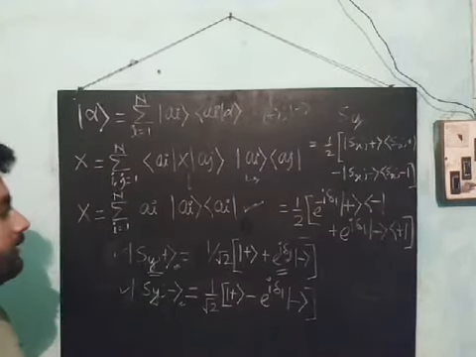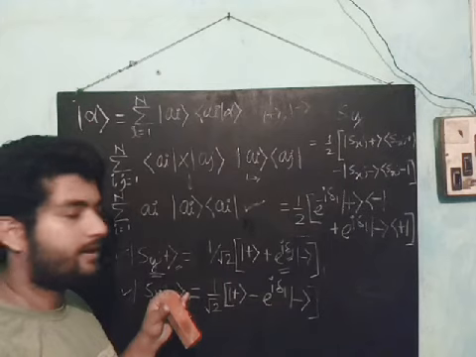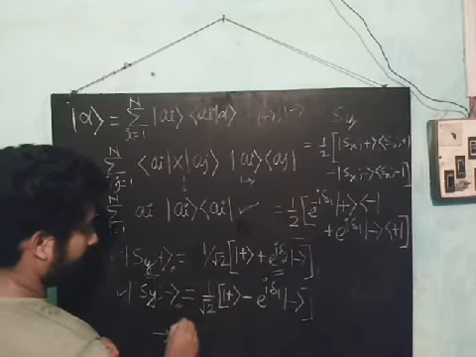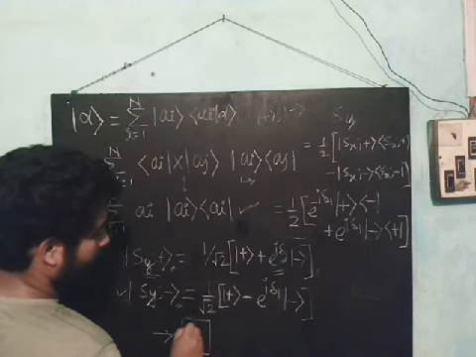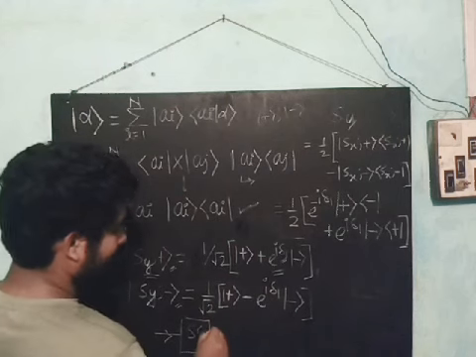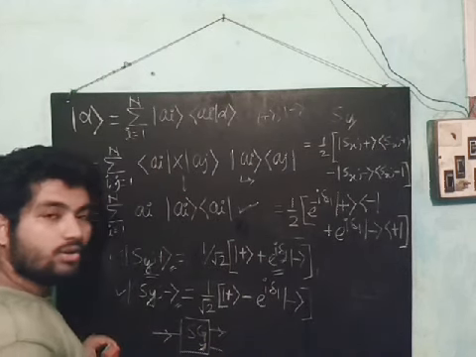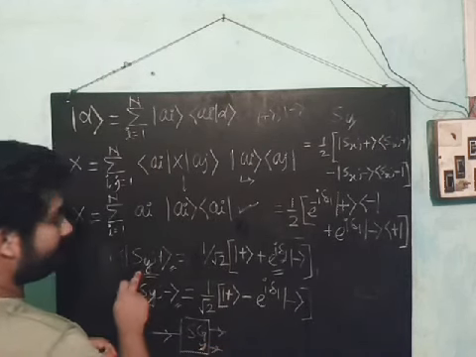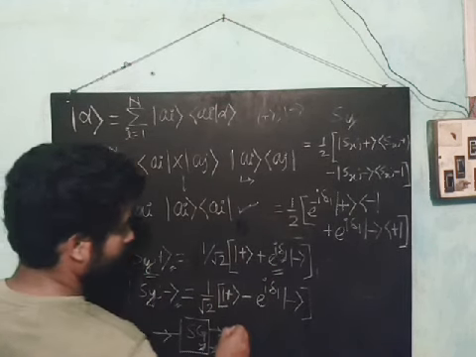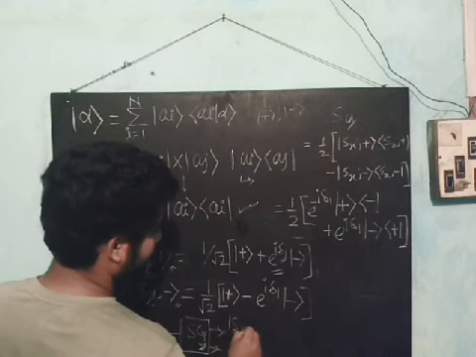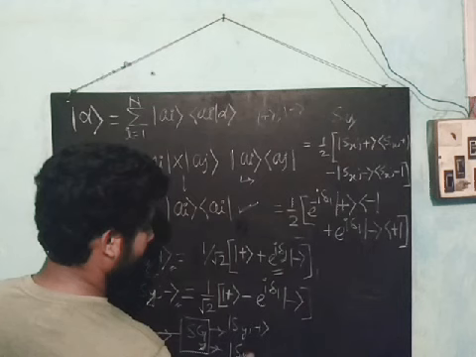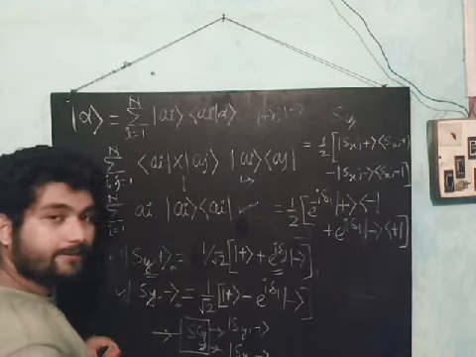Now similarly, if I have an electron and it goes through Sgy along the y axis, it will give me two components: Sy positive and Sy negative.